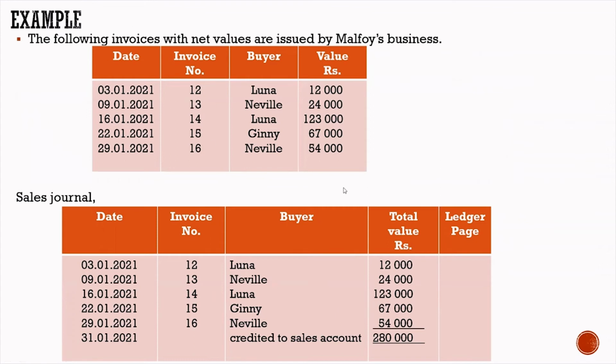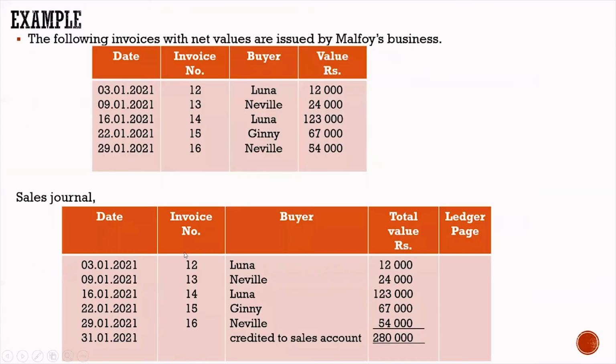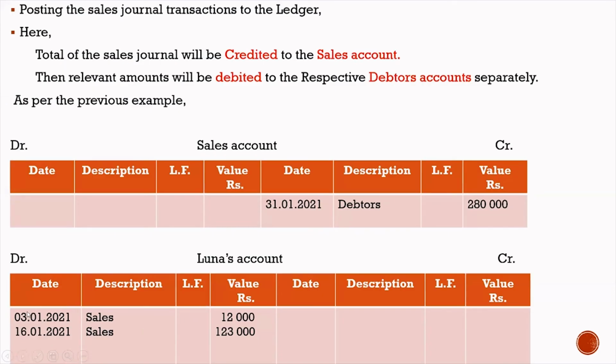If we put 135,000 in Luna's account, do we know what the invoice amount is? We have to go and search the prime entry book, the sales journal, again to find what her invoice numbers were. That is why the entries are recorded in two entries rather than taking the total, so that we can be clear, right?